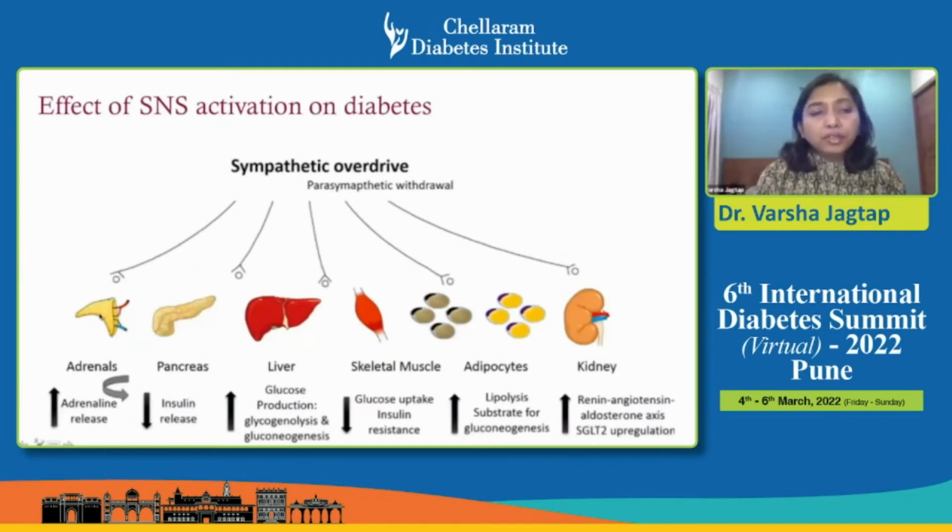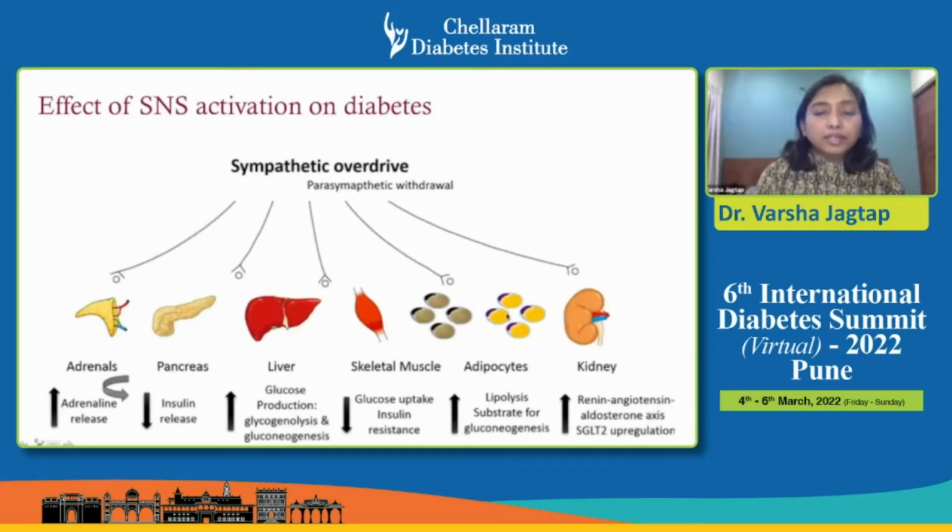At the level of the adrenals, as I've already told, it causes increased adrenaline release. At the level of the pancreas, it reduces the insulin release. At the level of the liver, it produces glucose, so there's going to be more gluconeogenesis. At the level of the skeletal muscles, it is going to reduce the glucose uptake.